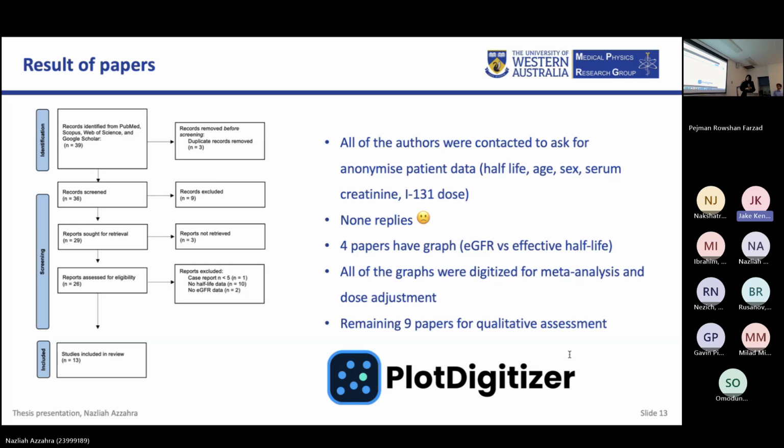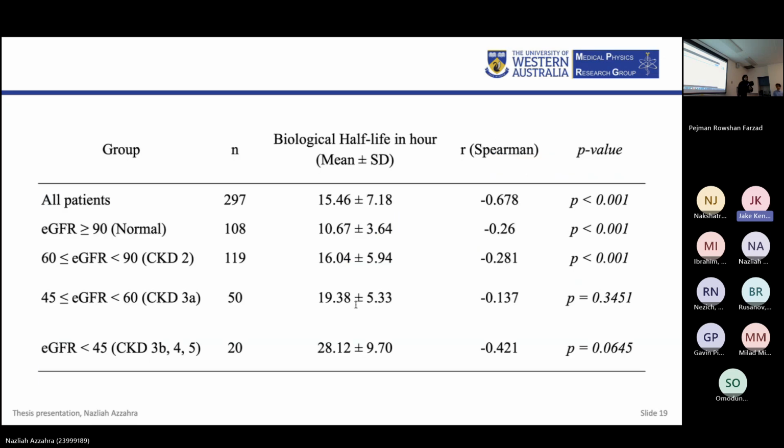And maybe if you could clarify on slide 19, you mentioned that there wasn't a statistically significant result for the correlation for the last two categories, but I wasn't really sure why you thought that was. One of the limitations of this statistical analysis is we don't have the actual patient data.